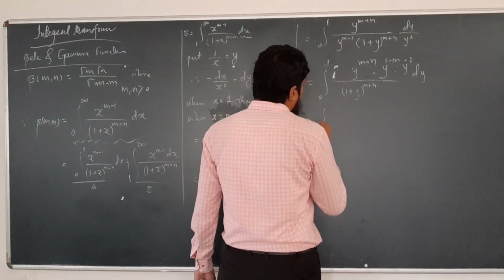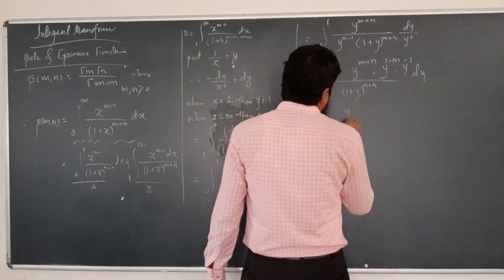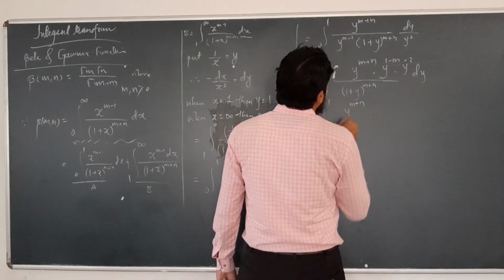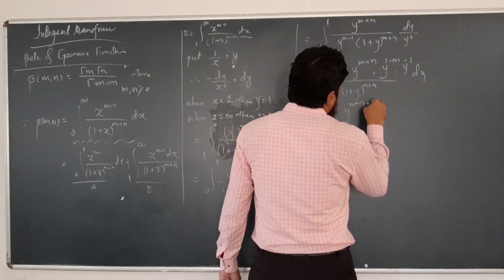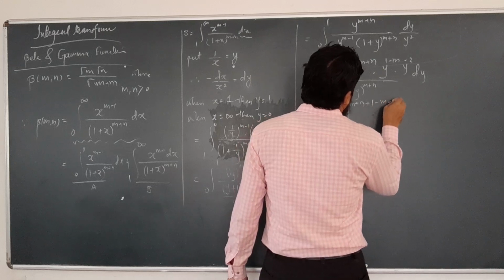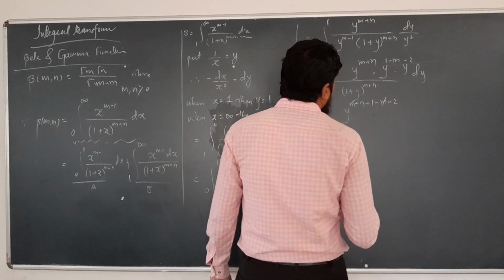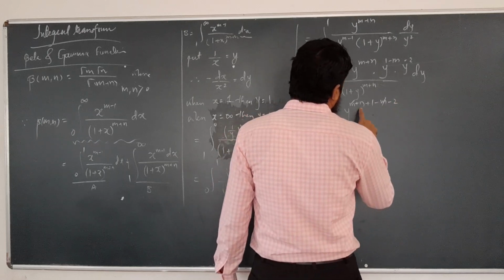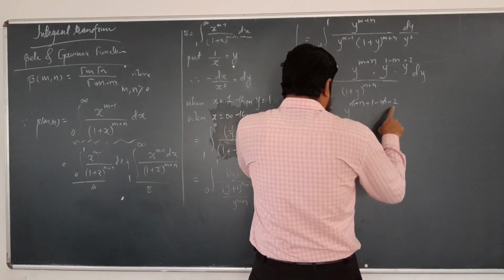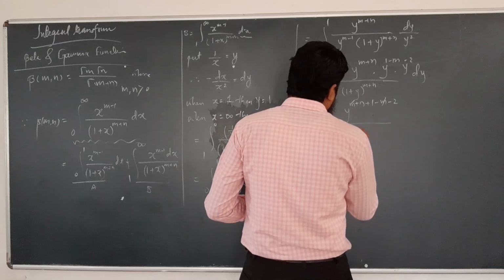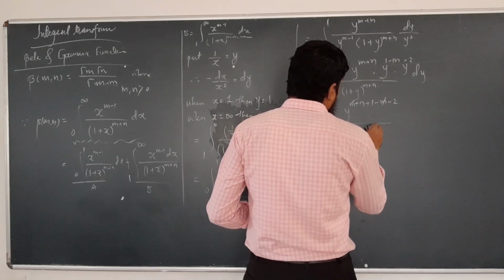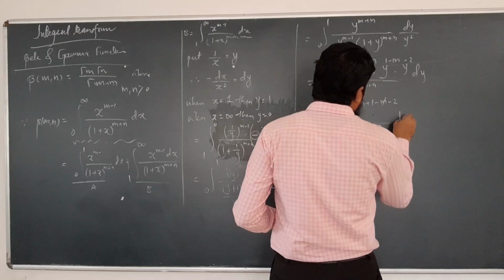We will get integration from 0 to 1 y raised to m plus n plus 1 minus m minus 2. So m minus m will cancel, and n plus 1 minus 2 dy.